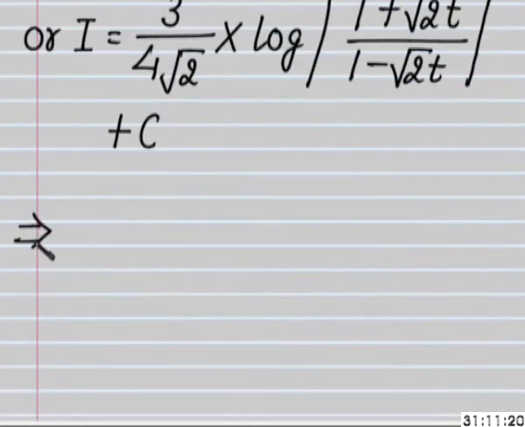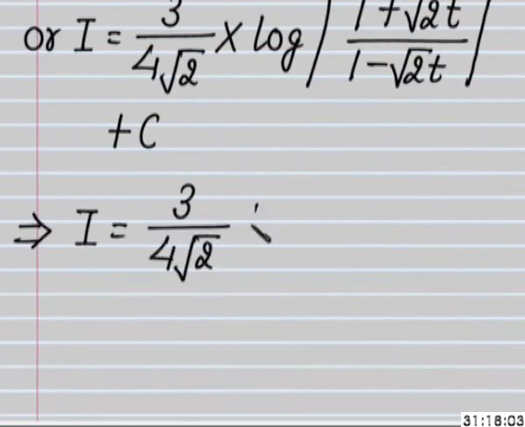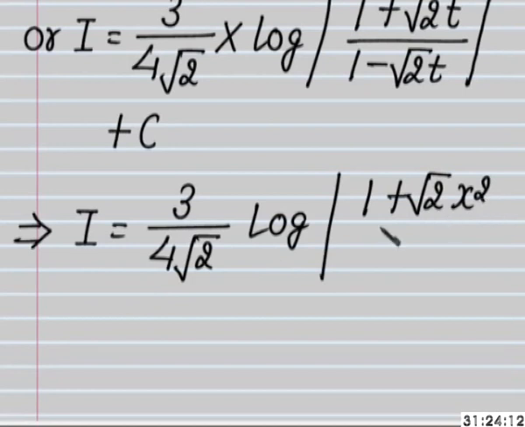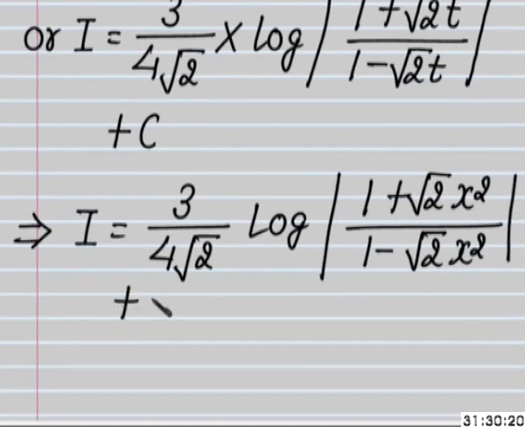So this implies I is equal to 3 upon 4 into square root 2 into log of mod of 1 plus square root 2 into x square upon 1 minus square root 2 into x square plus c, where c is the constant of integration, because t is equal to x square.